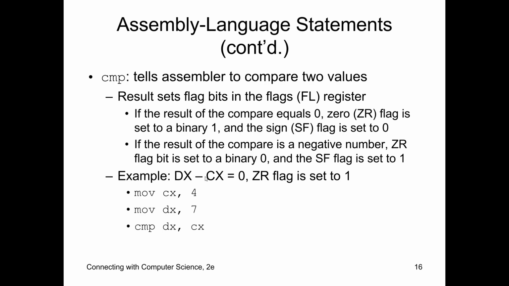So if CX minus DX equals 0, then the ZR flag is set to 1. So we could say here, we're going to move 4 into CX, 7 into DX, and then we compare them, and the value stored in this register here is going to be set to 1. Now this is the ZR flag, so this is saying that these are set to 1, meaning they're not equal.